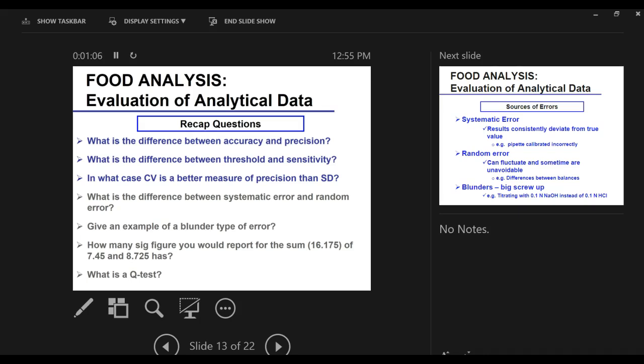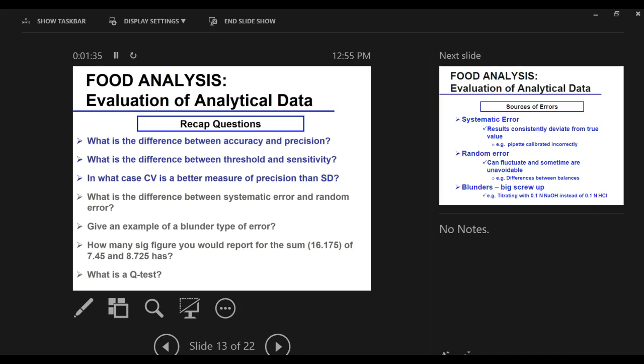So the threshold is the minimum amount or value or absorption or minimum measure that an equipment or a method can detect. And sensitivity is the minimum or the smallest change that an equipment or a method can detect between samples. So the smallest difference or the smallest change that the method can detect.